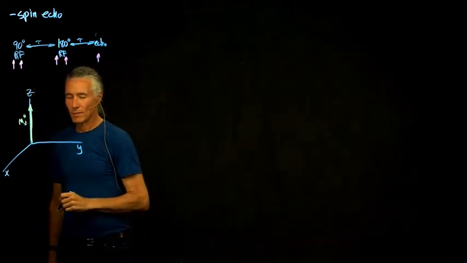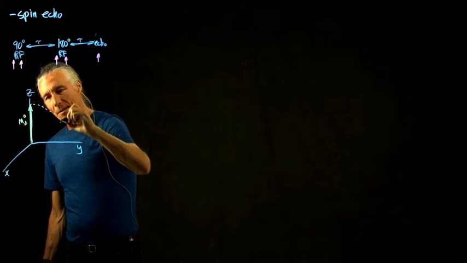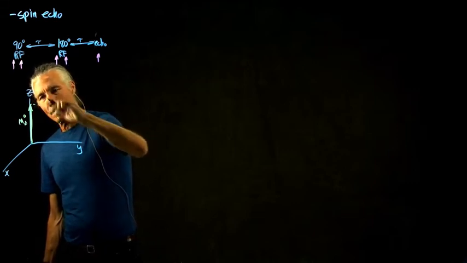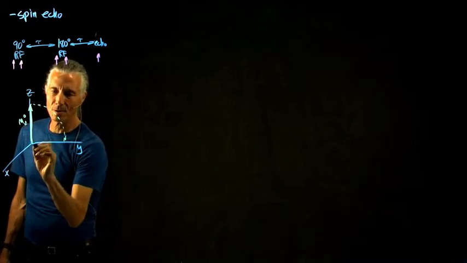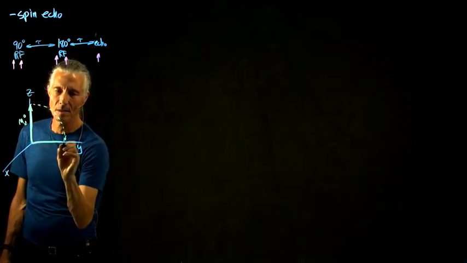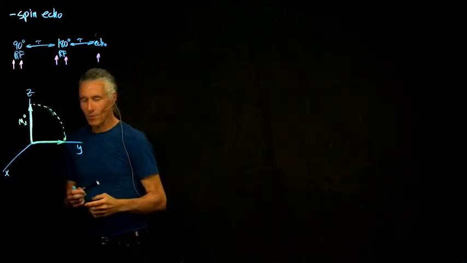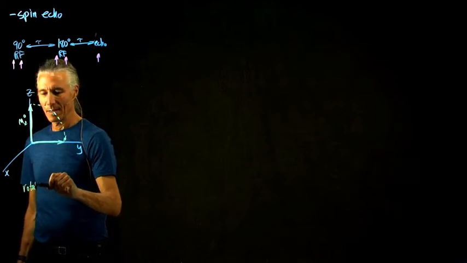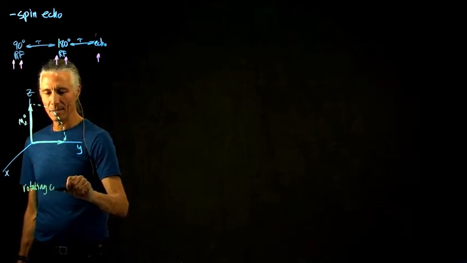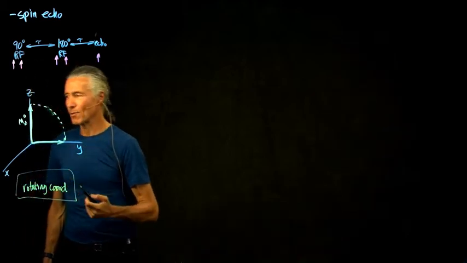No signal coming out, and then we do an RF pulse, a 90-degree RF pulse. So basically we just turn that guy into pure transverse. Now we're assuming that we're in the rotating coordinate system. And everything I'm going to draw is in the rotating coordinate system.